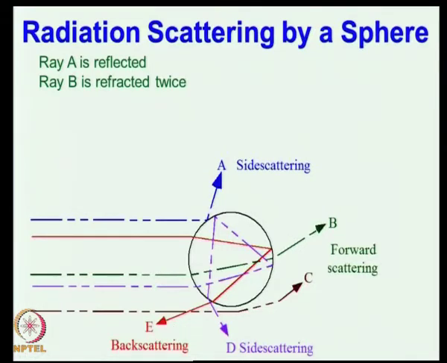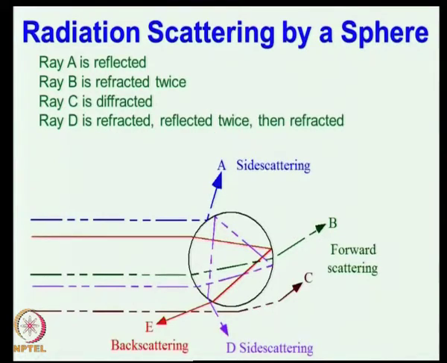phenomenon in rainbows. Then you see ray C, which is diffracted. It goes close to the raindrop, but does not quite touch it, but anyway bends on account of the diffraction phenomenon. And ray D is refracted once, reflected twice and then again refracted.